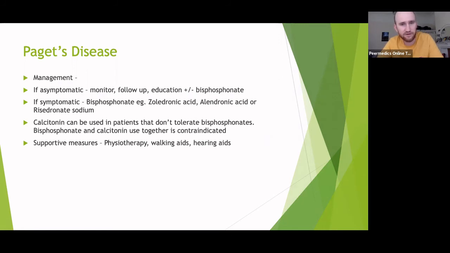I'm not entirely sure why you would use calcitonin, but BMJ Best Practice said you can. But obviously you're going to try to use your bisphosphonates first. You don't use bisphosphonates and calcitonin together though. If they've started to experience hearing loss or any sort of nerve entrapment, you're going to be including your MDT. So physiotherapy, walking aids, hearing aids are also going to be important just to improve quality of life.